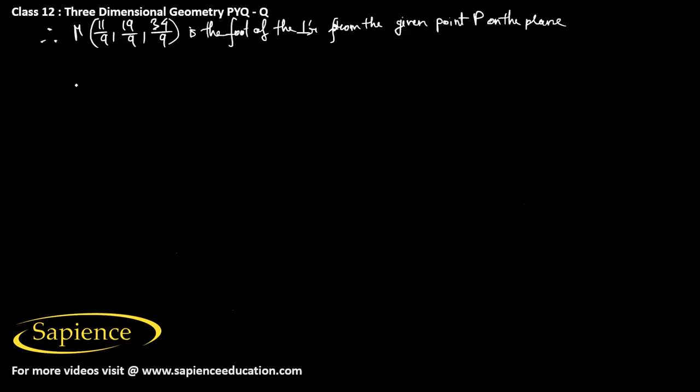Therefore the equation of PM will be r vector equals a vector plus lambda into b1 vector, where b1 vector is nothing but the PM vector.